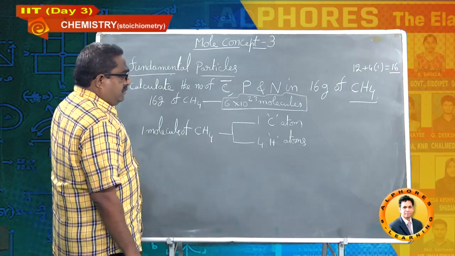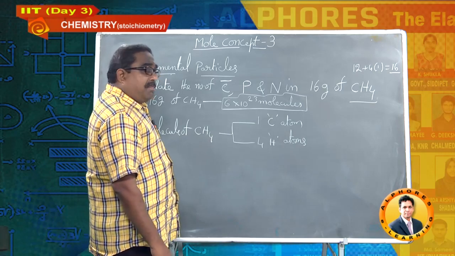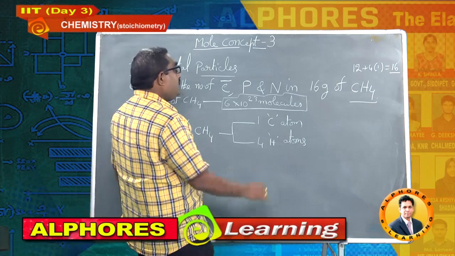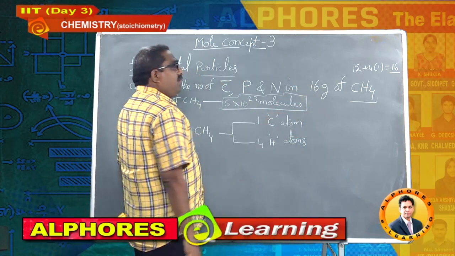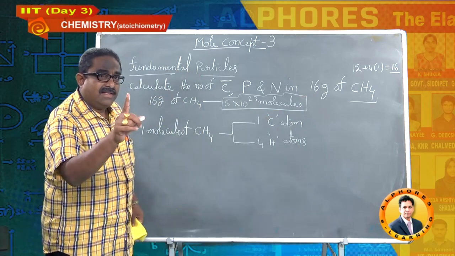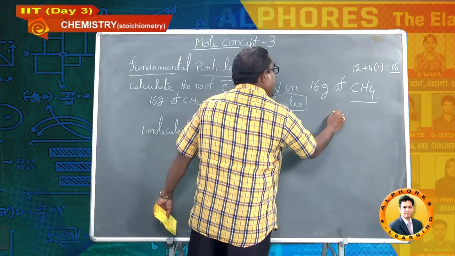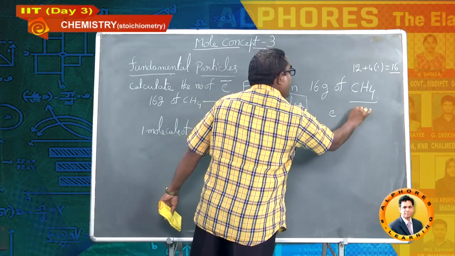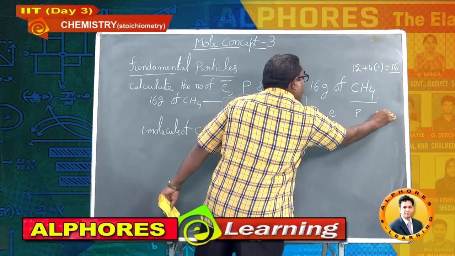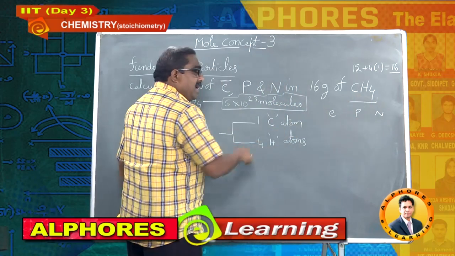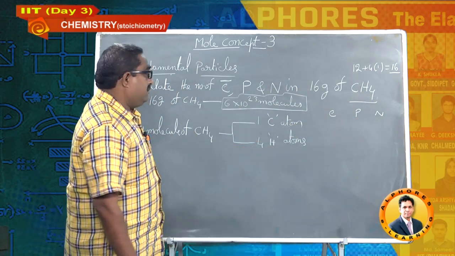We know one carbon atom, the atomic number of carbon is 6. So, I am going to write here electrons, protons, neutrons in both carbon and hydrogen atoms respectively.